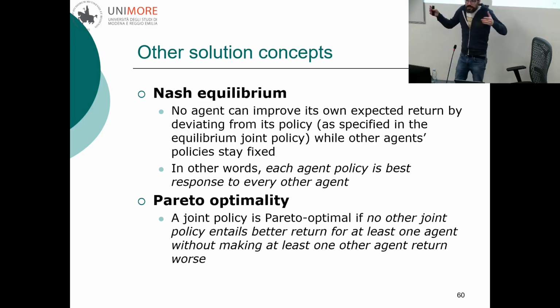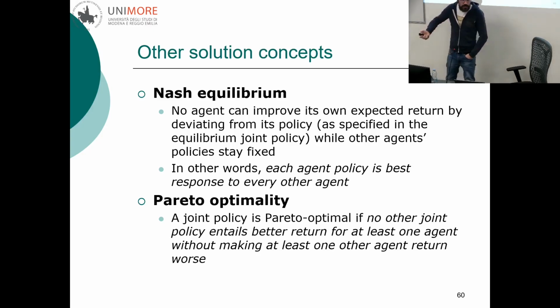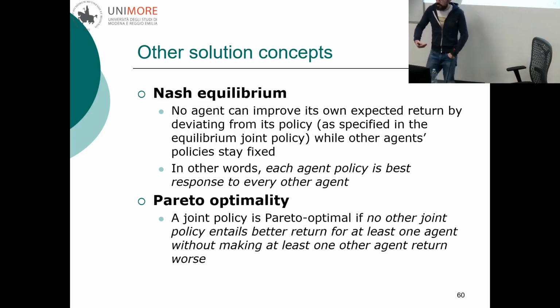So these are just two examples of additional properties you may want in your system. Practical example: why may I want to have a Nash equilibrium in my multi-agent reinforcement learning? Well, let's imagine that I have a problem in which agents are in a competitive scenario.